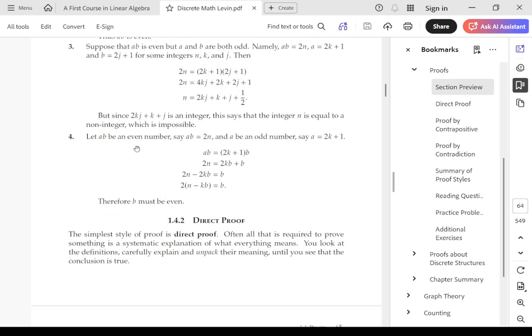All right, now our fourth one: let AB be an even number, say AB equals 2n, and A be any odd number. Again, these are our assumptions. If A is odd, that seems fine, so if that happens to be the case, we conclude that therefore B is even.